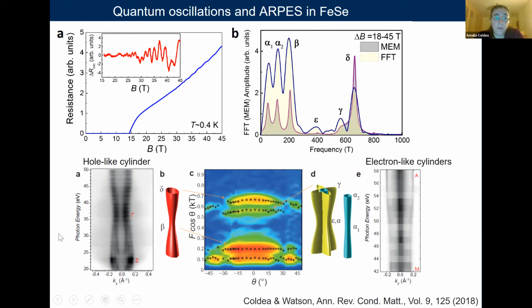What we know from ARPES is that in iron selenium we have a quasi-two-dimensional cylinder, which corresponds to the orbits delta and beta. Beta is the minimum and delta is the maximum orbit on the cylinder. The rest of the features are associated with electron bands.